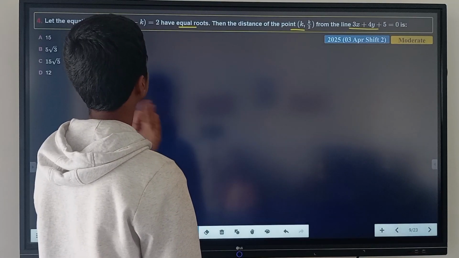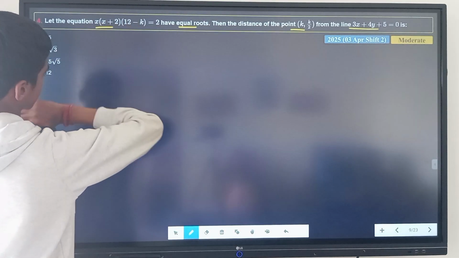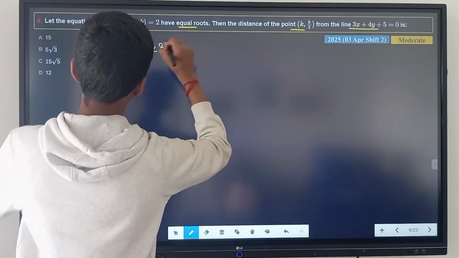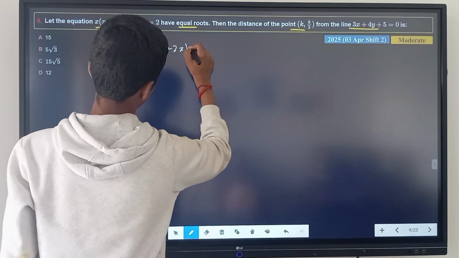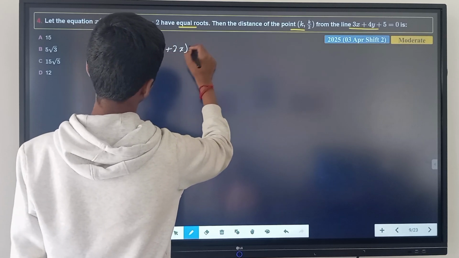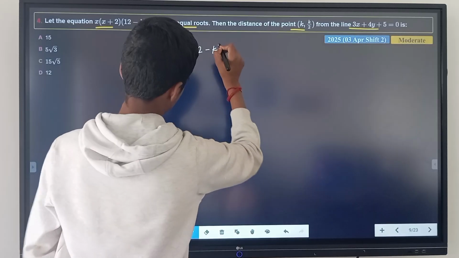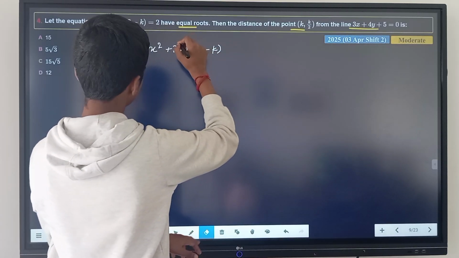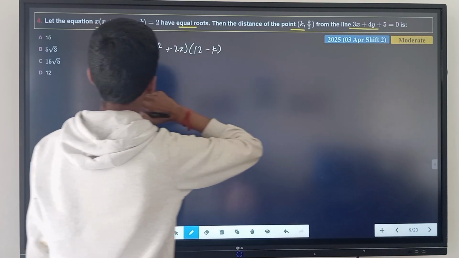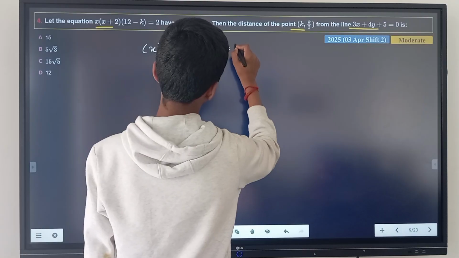So here in this question, let's write the equation as x square plus 2x, multiplying these two, into 12 minus k is equal to 2.